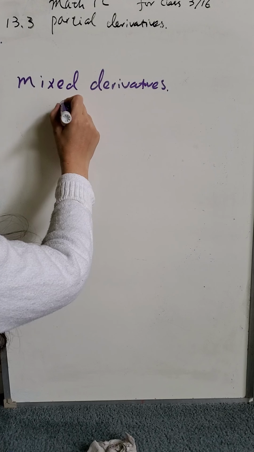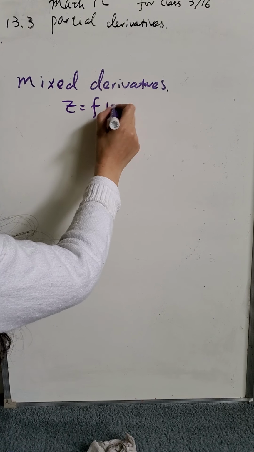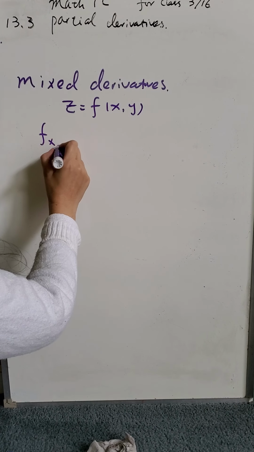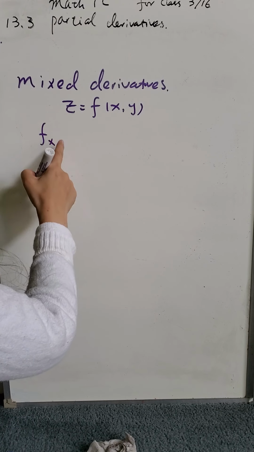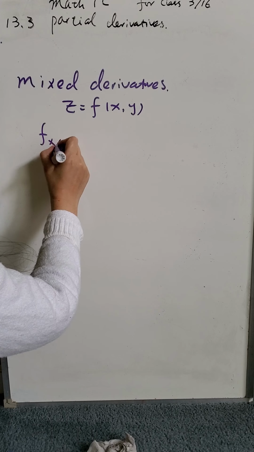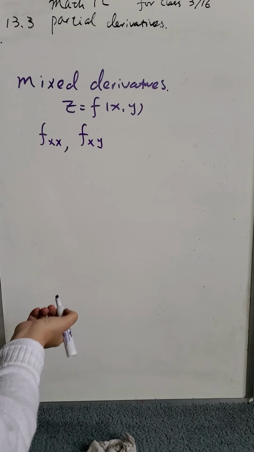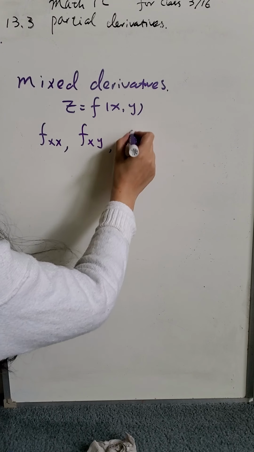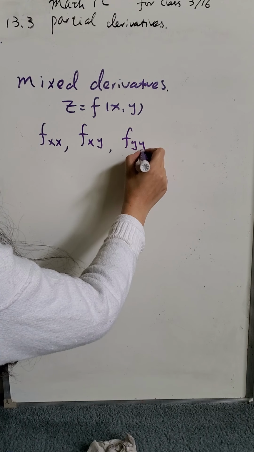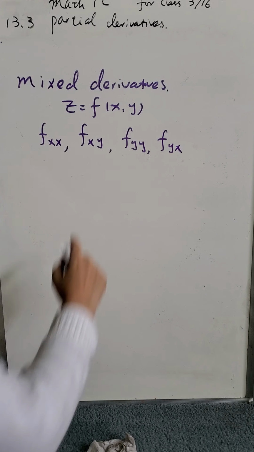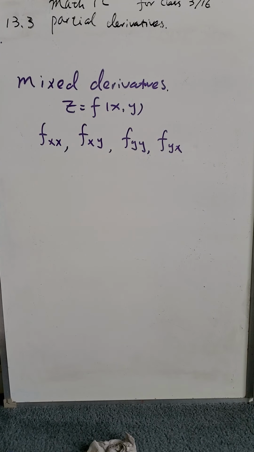If you are given a function g equal to f(x,y), and you can first find fx, right? And then after that, you can do x again one more time, or you can do y. Or you can go fy and then find y again, and then you can go fy and then find x. Okay, this is called the mixed derivative. So let's see the examples.